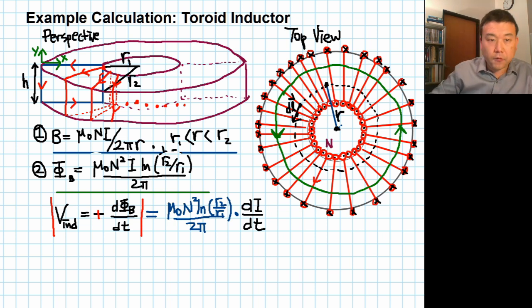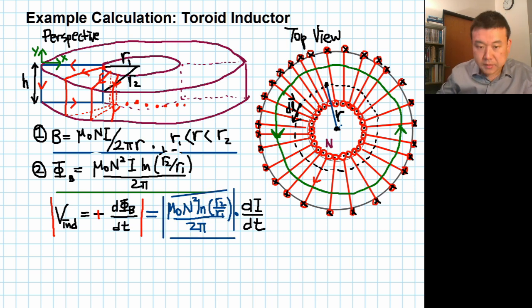So this is the form of the expression that we are looking for. So this boxed term here is the inductance of the toroid. And you can see here that nothing here depends on any dynamic quantity. It depends on the physical constant and the geometric parameters.